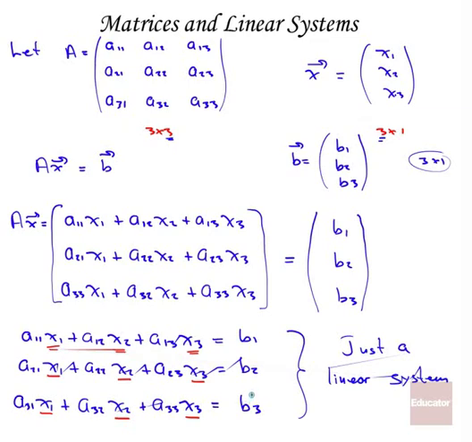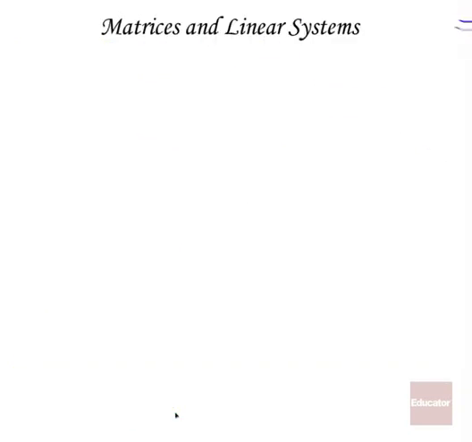So you can actually write a linear system as a matrix. It looks like a11, a12, a13. This is the matrix of coefficients for the linear system. a21, a22, a23, a31, a32, a33.